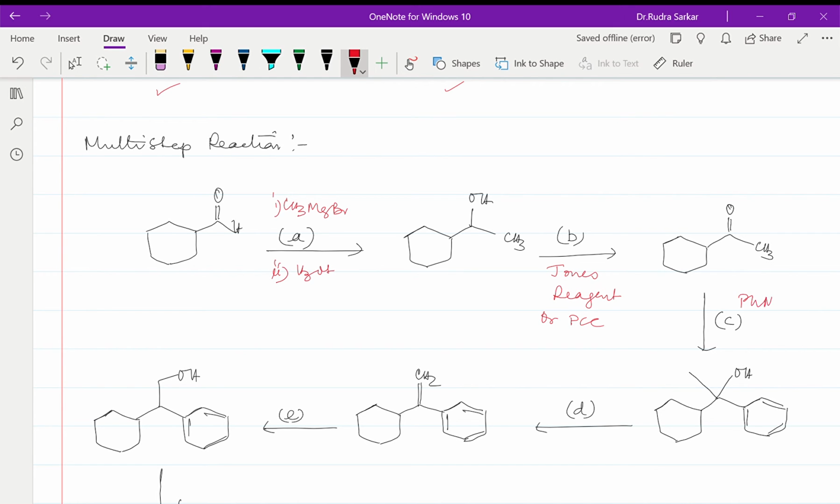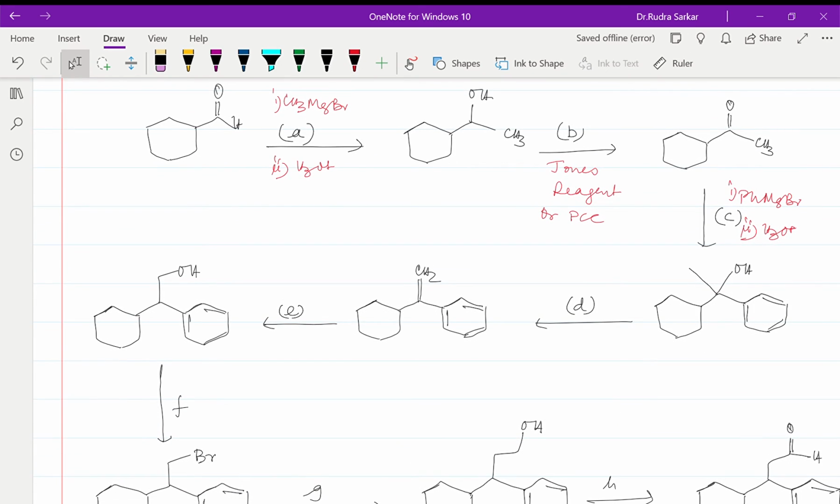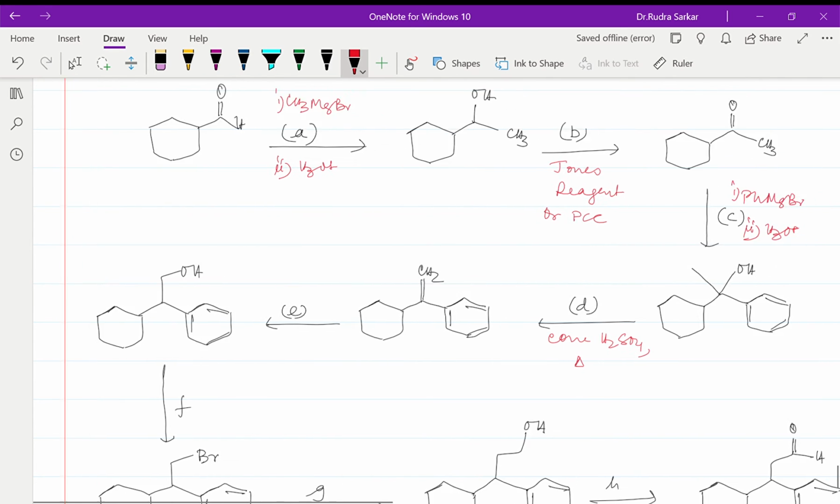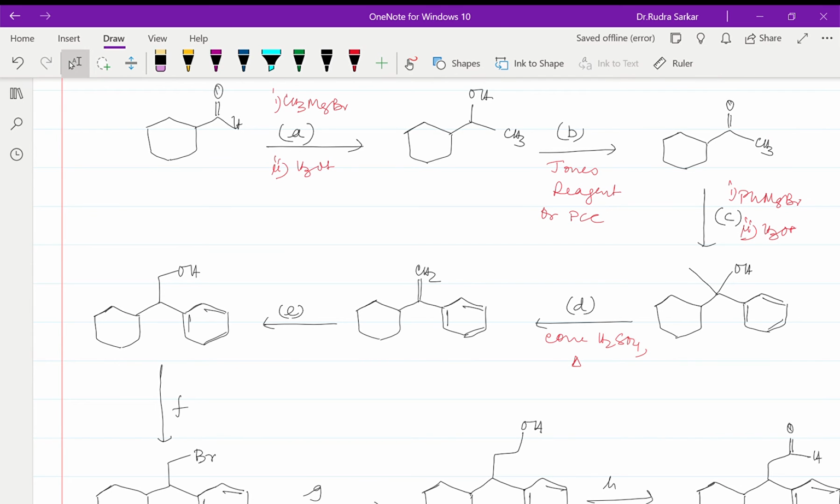Yeah. Next one. Sir, sulfuric acid plus heat. Yeah. So concentrated H2SO4 and heat. Next. Sir, hydroboration. Right. Hydroboration reaction.